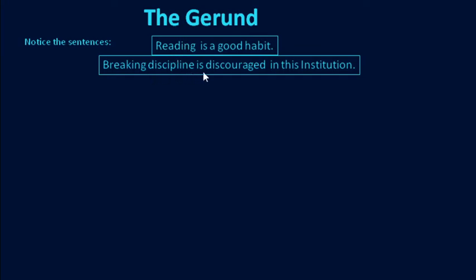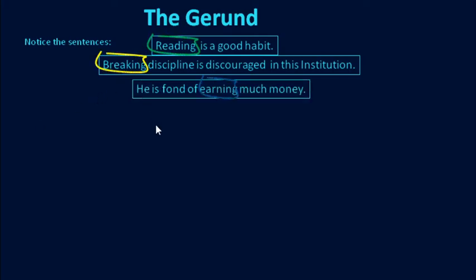"Breaking discipline is discouraged in this institution." Breaking discipline: discipline is also a noun, and breaking is also a noun. Breaking here acts as a noun and verb, so it is a gerund. "He is fond of earning much money." If you see any verb after a preposition, you have to use ing directly.